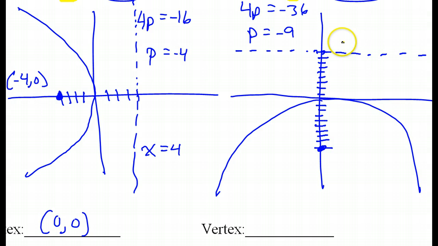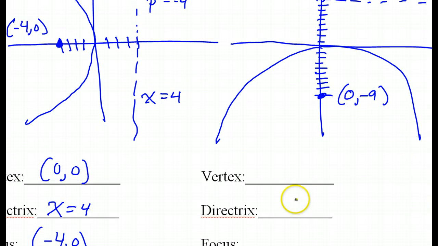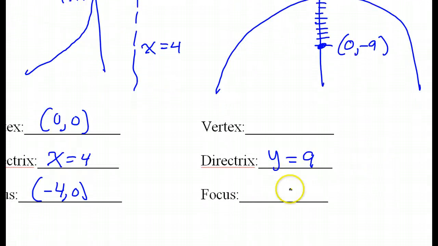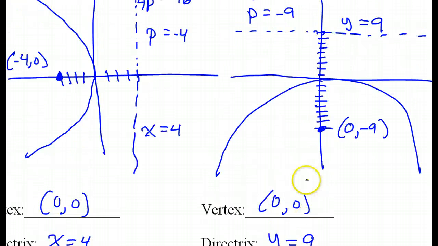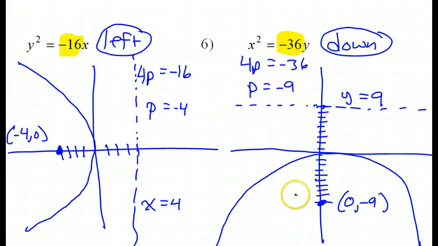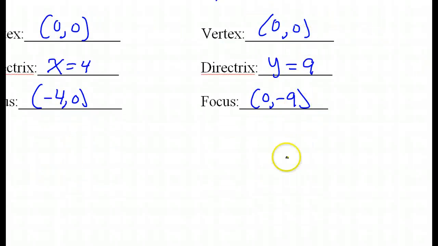Okay, so my directrix is y equals 9. And my focus is 0, comma, negative 9. All right, of course, the vertex is still 0, comma 0. Okay, so that is our quick sketch for number 6.